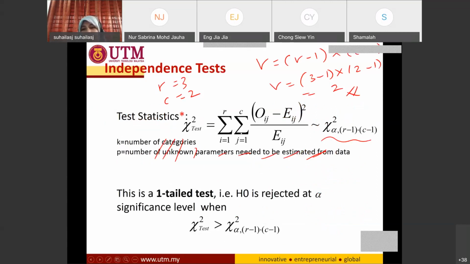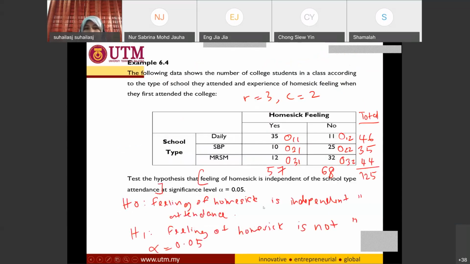You have a double summation over i and j, where i is for row and j is for column: (O_ij minus E_ij) squared divided by E_ij. We only consider a one-sided test. We reject the null hypothesis if the chi-square test value is greater than chi-square alpha. The degrees of freedom are (R minus 1) times (C minus 1), row minus 1 times column minus 1. That is what we already did in the previous class.